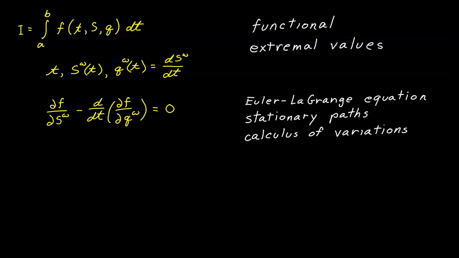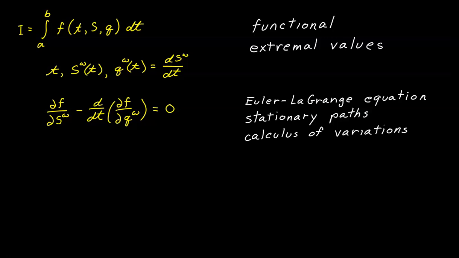Now, one comment before we begin. The Euler-Lagrange equation will produce a stationary path. What it won't do is to tell us whether the stationary path produces a minimum value or some other extremal value. We'll need more information to know that. It's analogous to the min-max problems we do with functions.